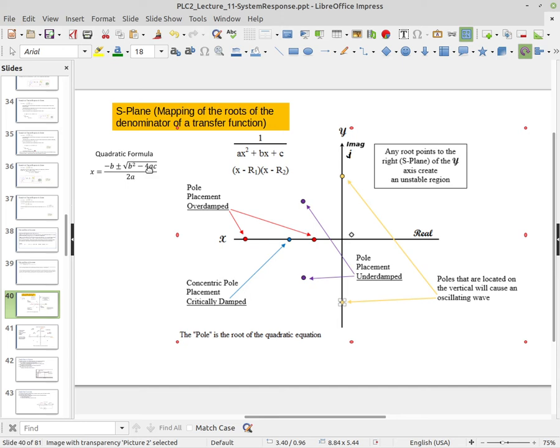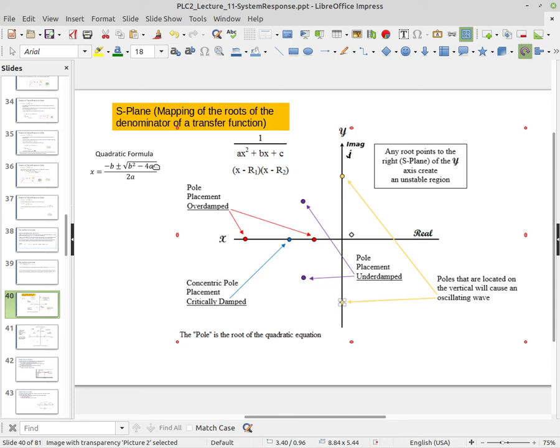Now, if minus 4ac is bigger than b squared, then that means that the system is going to oscillate. All right, so remember, c is omega n squared. B has that damping coefficient. B is 2 times zeta times omega n.